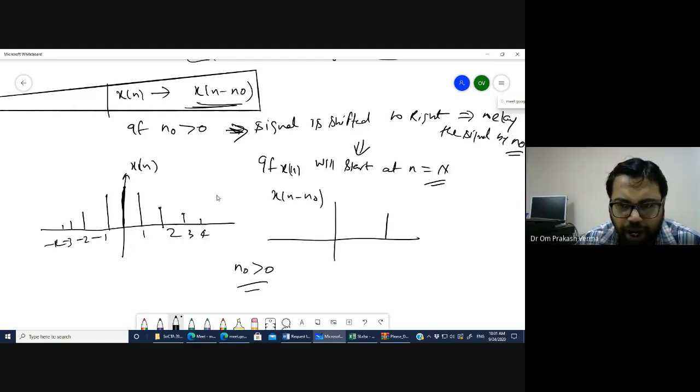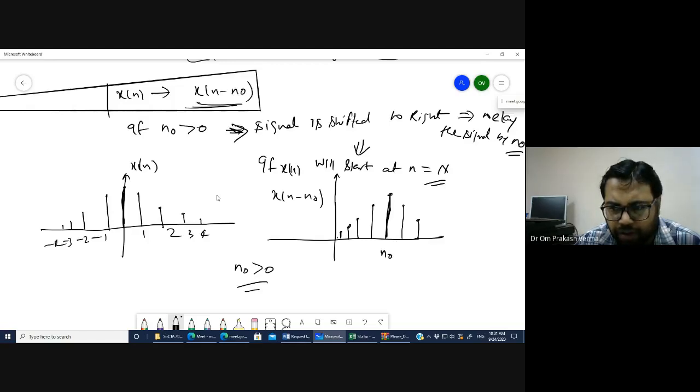Let's say this is the n naught, this will be shifted to this point, then this value is there, then this, and maybe it will shift like this. This depends on the position, the magnitude of the shift, this n value. So this is the case of shifting.